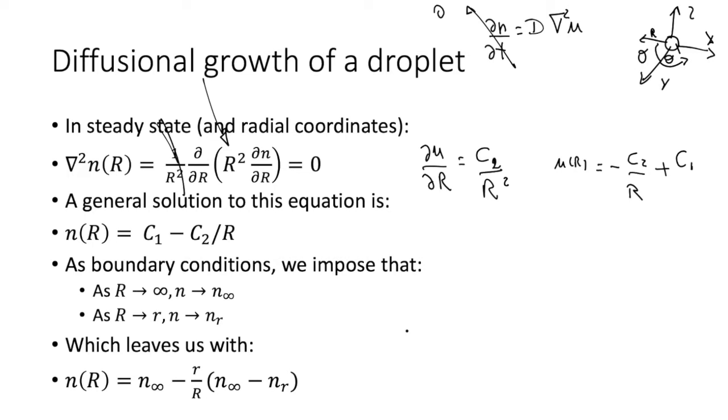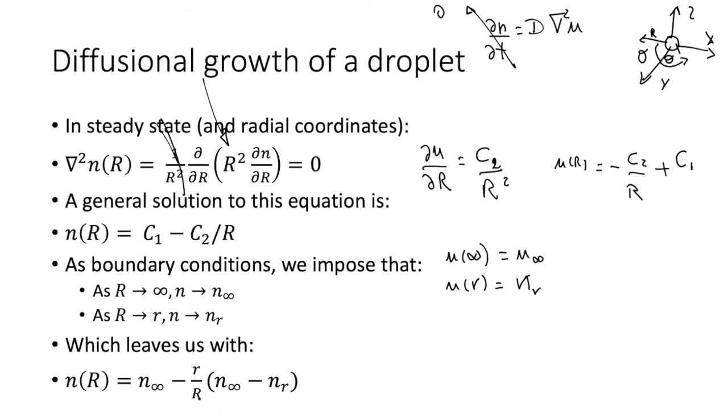Okay, so C1 and C2 we have to determine with boundary conditions, and we're just going to say that at infinity, n infinity is going to be equal to some number, n infinity. And at the surface of the droplet, this is just going to be equal to n of r, okay? With these boundary conditions, you can do the calculation, and this is what we're left with, okay? You can verify that when big R is equal to infinity, all this term goes to 0.